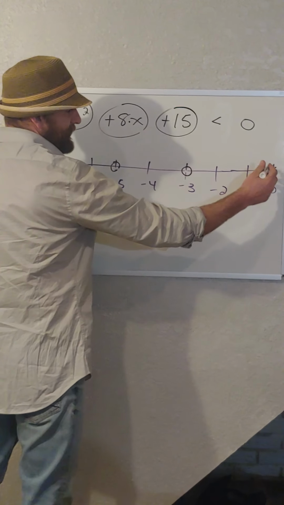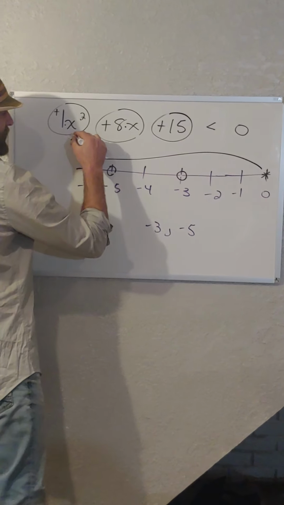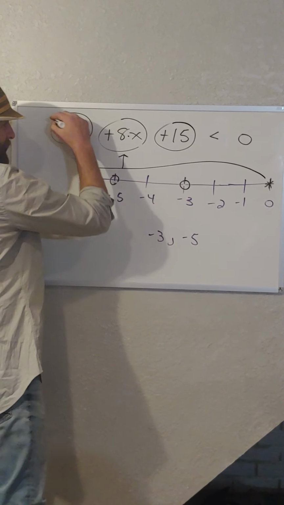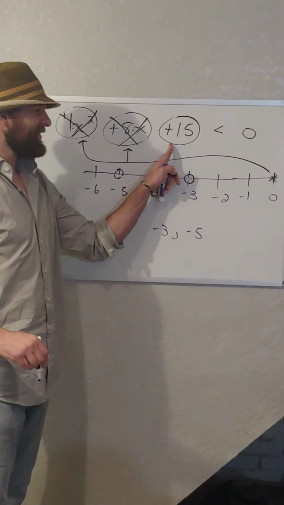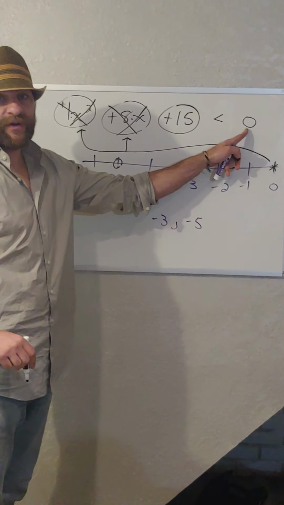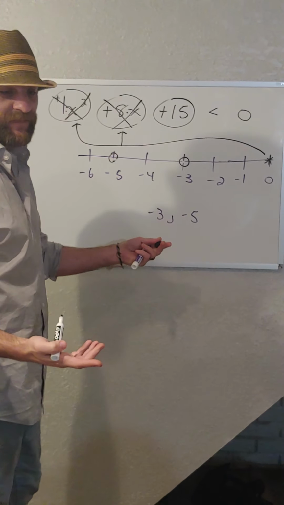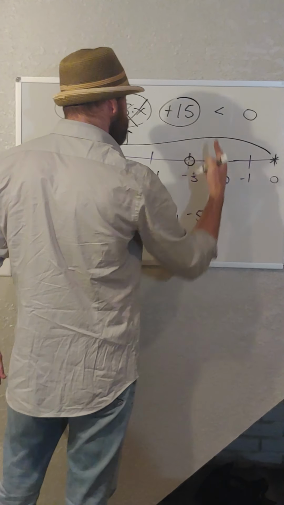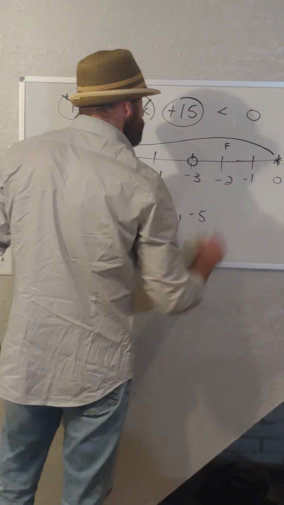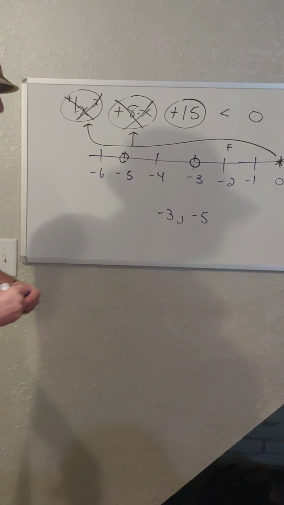So again, if you're not understanding what I'm doing here, I'm taking this 0 and I'm plugging it in for x in both of those, which would get rid of this one and get rid of this. And then this says that 15 is less than 0. We know that's a false statement. So because 15 is less than 0 is false, we put false.